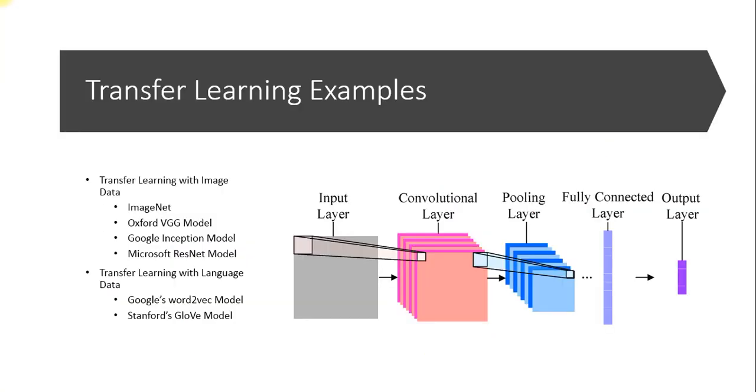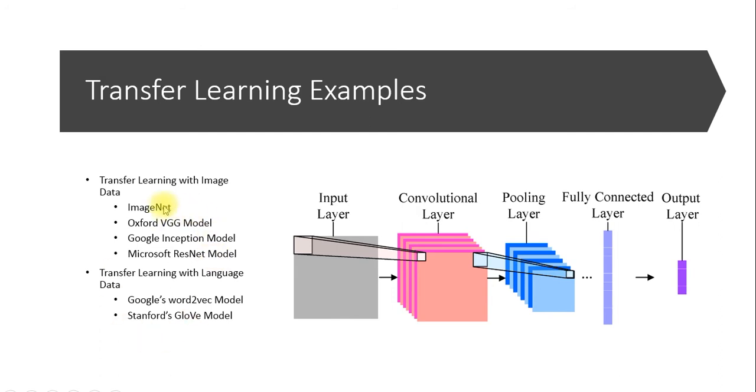And this is just another example. Other transfer learning models that have been commonly used with image data include ImageNet, the Oxford VGG model, the Google Inception model, and the Microsoft ResNet model. For language data, we usually have the Word2Vec and the GloVe model.